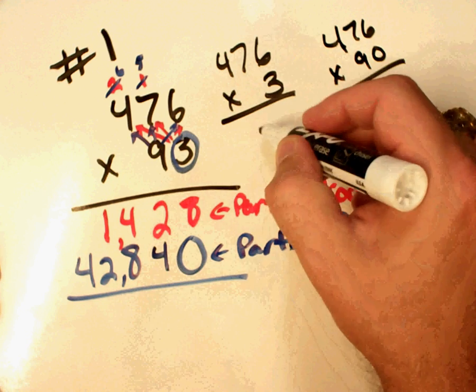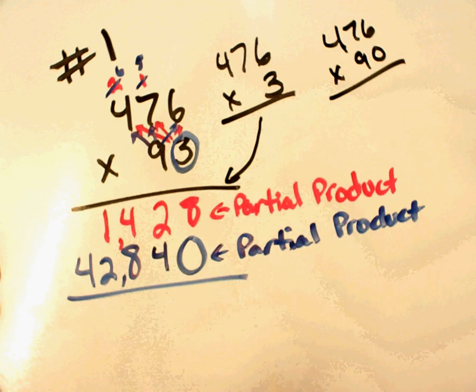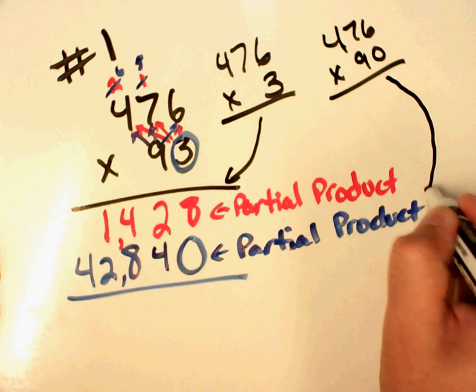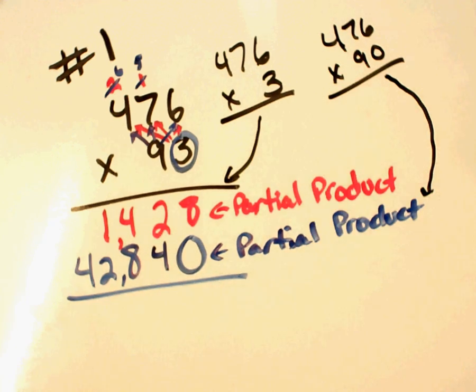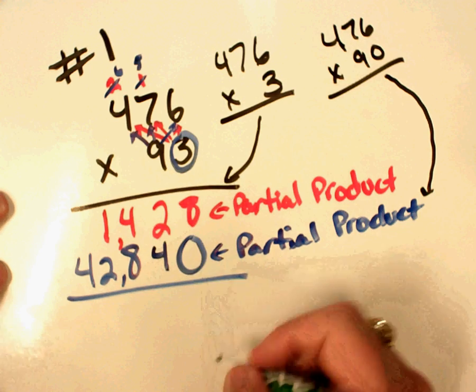And remember, this is going to give us this partial product, and this is going to give us this partial product. If you're checking by calculator, that is one thing that you can do to make sure that your steps are correct and to isolate where specifically you made your error if you're not getting the correct answer.